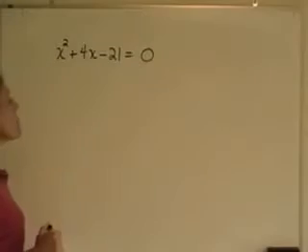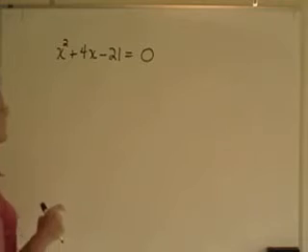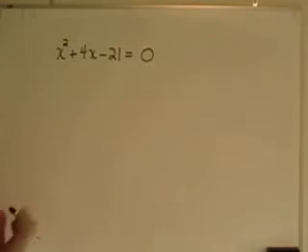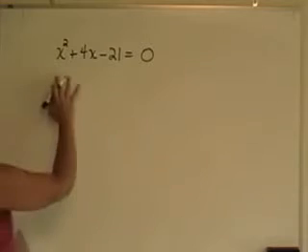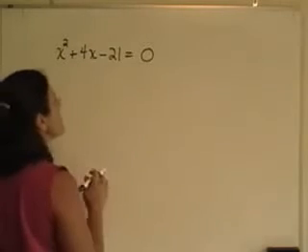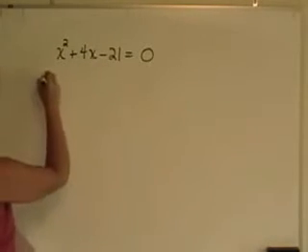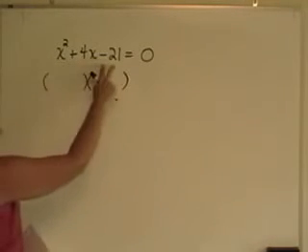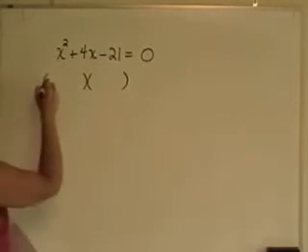Unlike the last two problems, I typically wouldn't give you the equation already in factored form and then let it equal to 0. So what you're going to have to do to solve these problems is look at and make sure that everything's on the left side, or one side, and 0 is on the other, and then you're going to have to attempt to factor what is on that one side. In this case, this is a trinomial with a 1 in front of the x squared term.